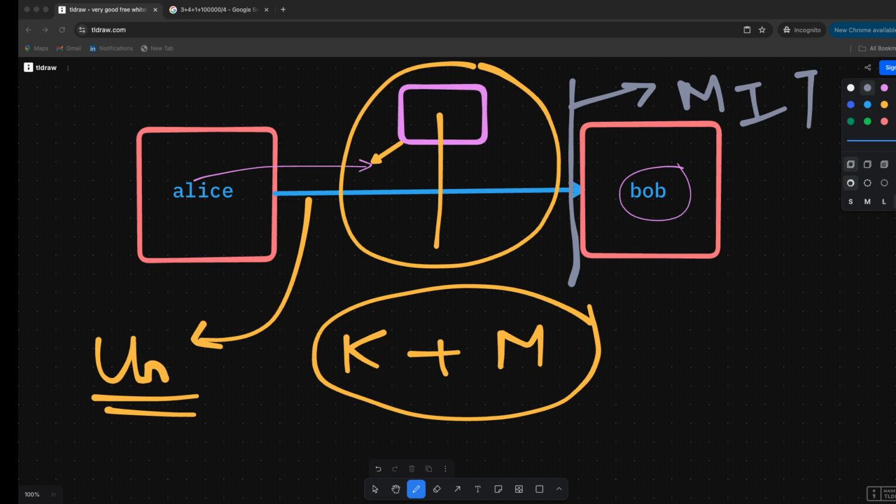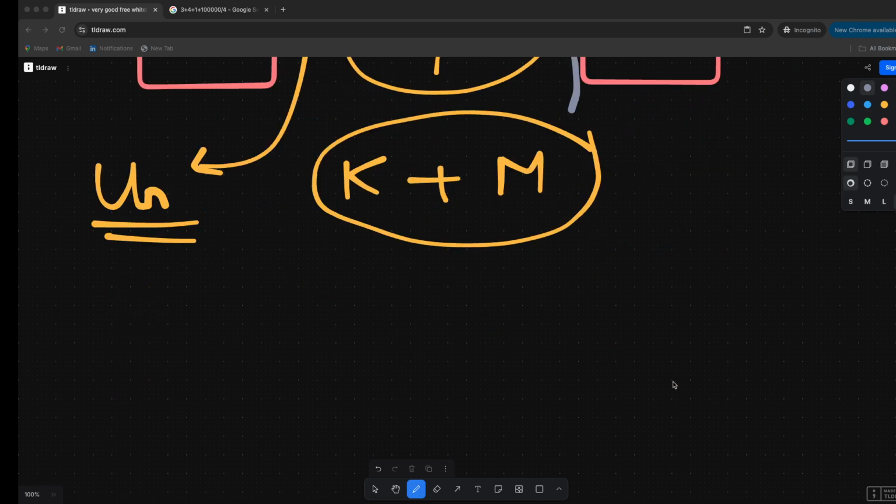If there is someone in between, he can access it anytime, because this medium is still not secured, right? So this is more vulnerable to man in the middle attack. Somebody can just eavesdrop, and if he has access to the keys, because the key is also going to be sent on this unsecured channel. So the drawback of symmetric cryptography is the key being sent on the unsecured channel.